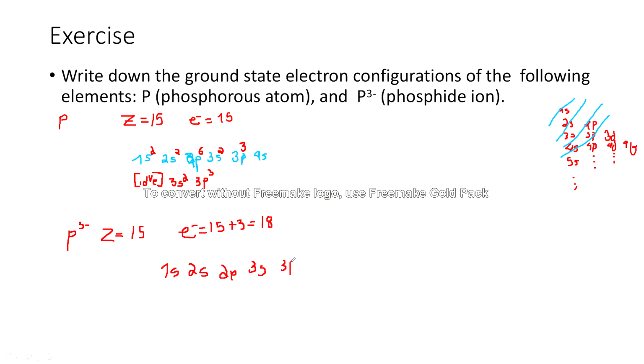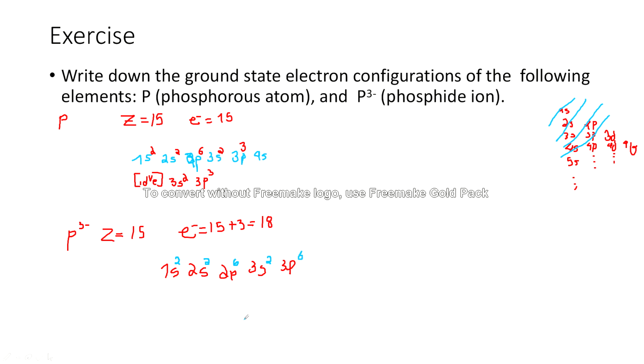If we arrange the electrons, we have 2 electrons in 1s, 2 electrons in 2s, 6 electrons in 2p, 2 electrons in 3s, summing to 2, 4, 10, 12. Now we have 6 remaining, so it will be 6.